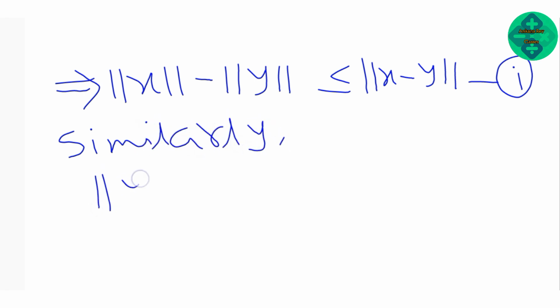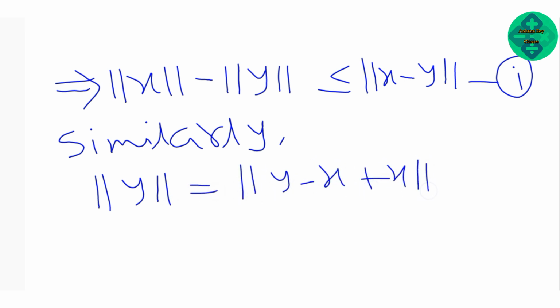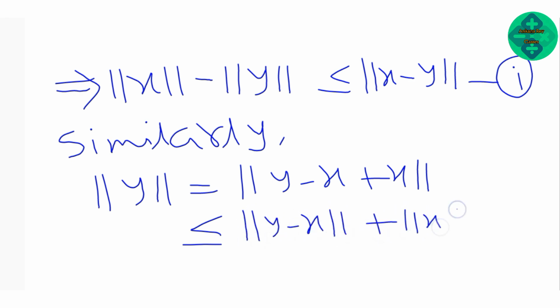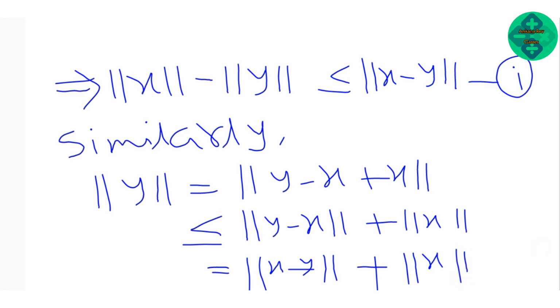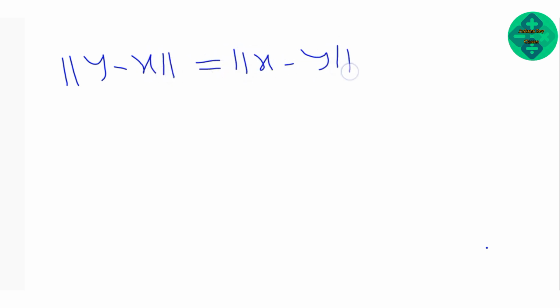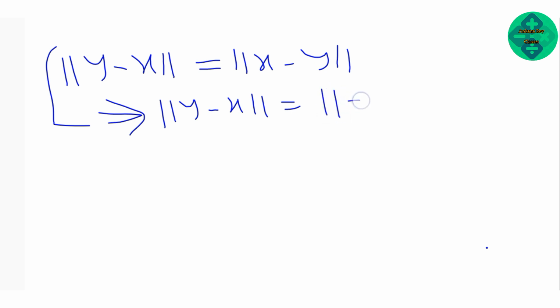Similarly, if we write norm y equal to norm of y minus x plus x, this is less than or equal to norm y minus x plus norm x, which equals norm x minus y plus norm x. Now norm y minus x is equal to norm x minus y. Why? Because norm of y minus x is equal to norm of minus of x minus y.